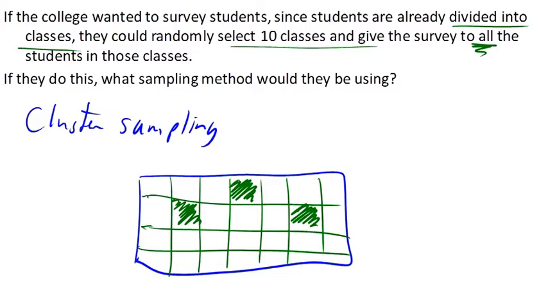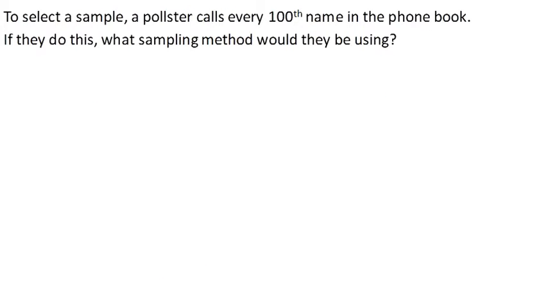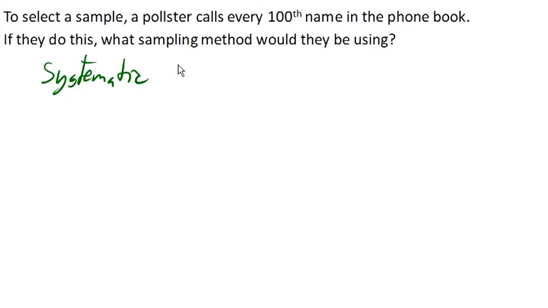So another option. Suppose to select a sample, a pollster selects every 100th name in the phone book. This is a method called systematic sampling. The idea is you take a list and you choose every nth value in the list. In this case, we're taking every 100th.